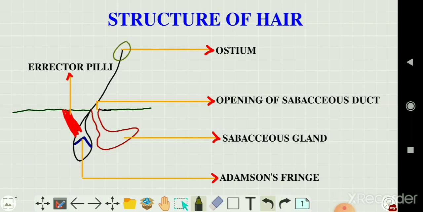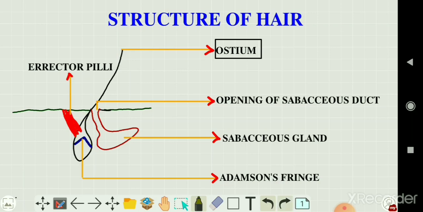The tip of the hair follicle is known as the ostium, and this portion is known as the shaft of the hair follicle, and below the shaft there is the root of the hair follicle, and below the root of the hair follicle there is the bulb of the hair follicle.